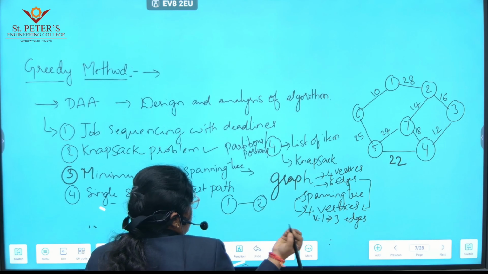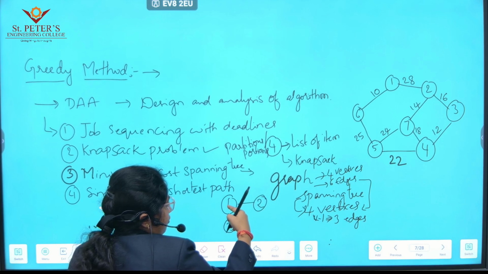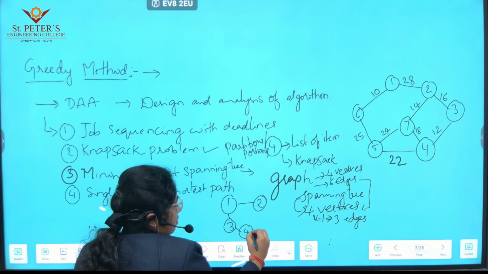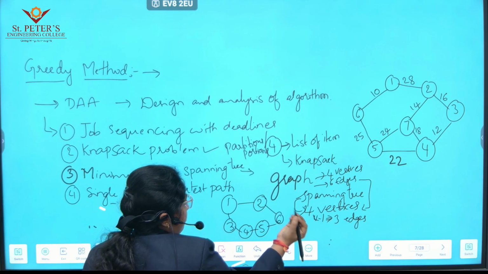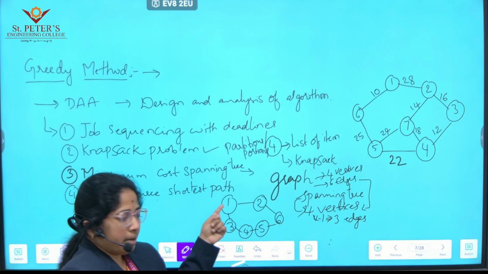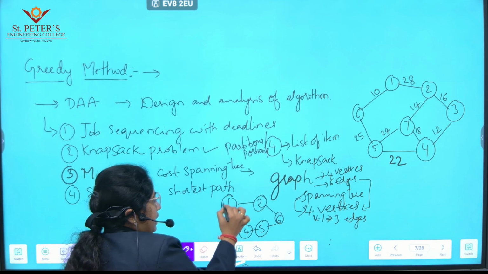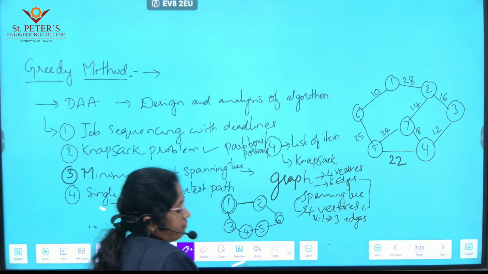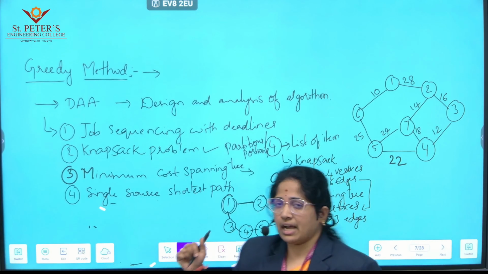For example, I consider the first vertex, then 2, 3, 4, 5 and 6, and the final one from 2 to 6. So I consider one vertex as the source, find the way to all the vertices, and consider the path with the minimum or least cost.